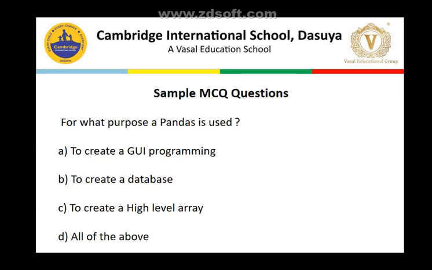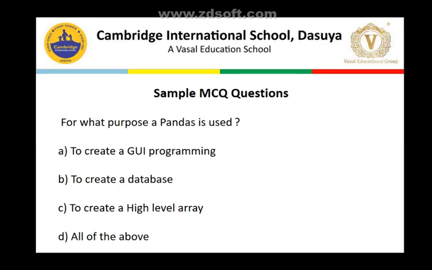So we go to the first, whether to create GUI programming. Graphical user interfaces we are not creating with the help of pandas. Secondly, we are also not using it to create a database. Option three is to create a high level array. So you know that now we are using n-dimensional arrays.